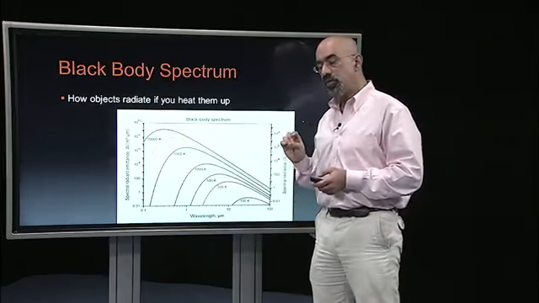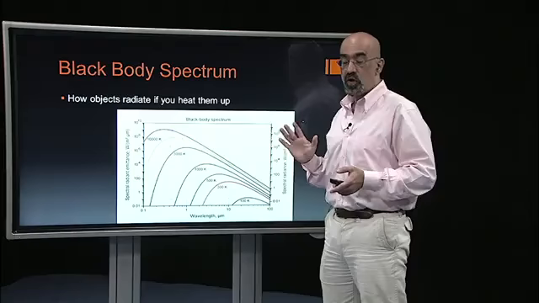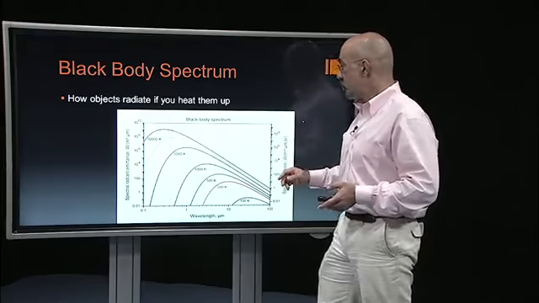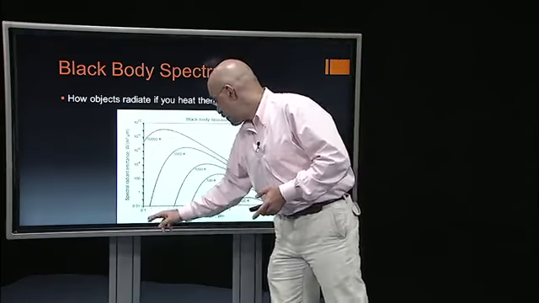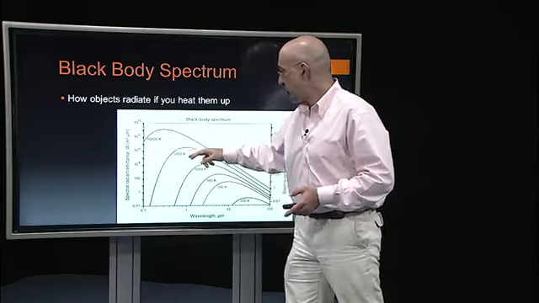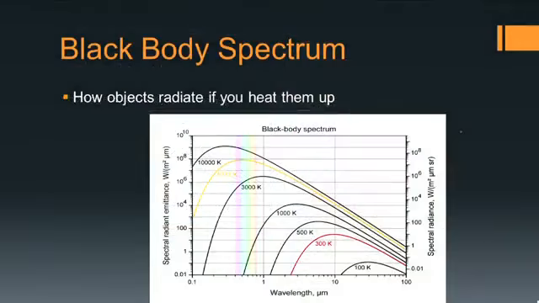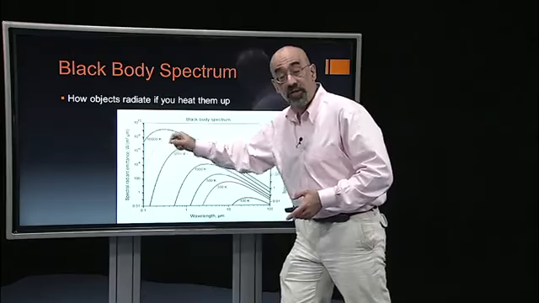An important idea when we look at objects is they emit usually what's called a black body spectrum. So what's plotted here is how much energy is emitted as a function of wavelength when you look at objects of different temperatures. This yellow curve here shows the energy emitted by the sun. The sun emits most of its energy here around visible wavelengths, but you'll notice the sun also emits ultraviolet wavelengths.